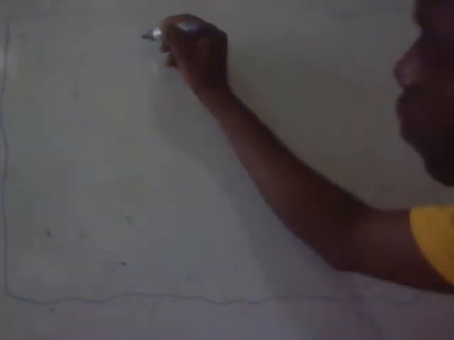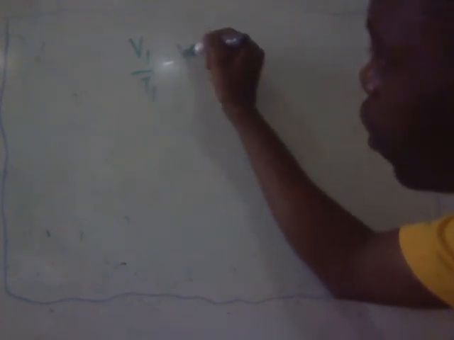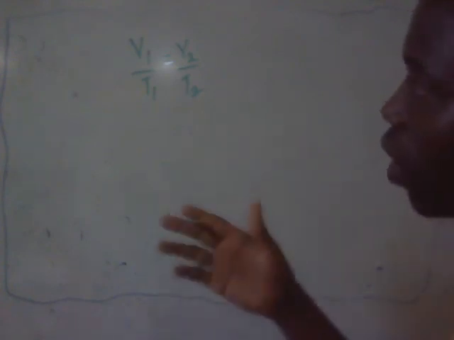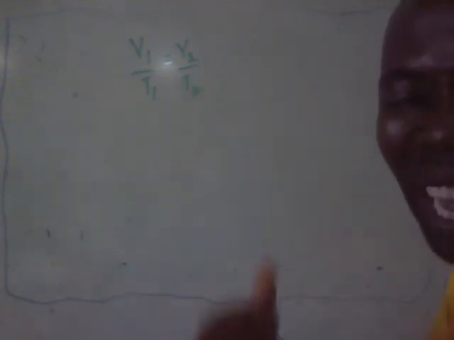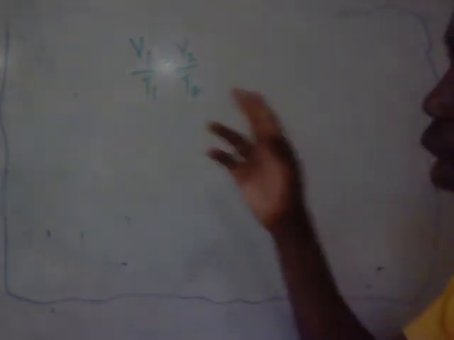The formula is V1 over T1 equals V2 over T2.